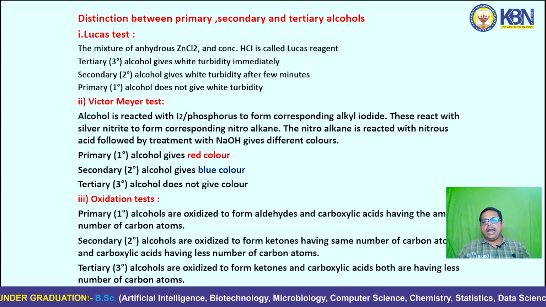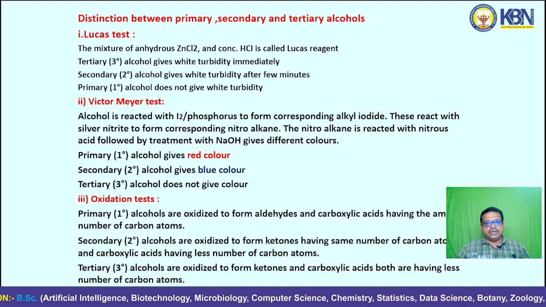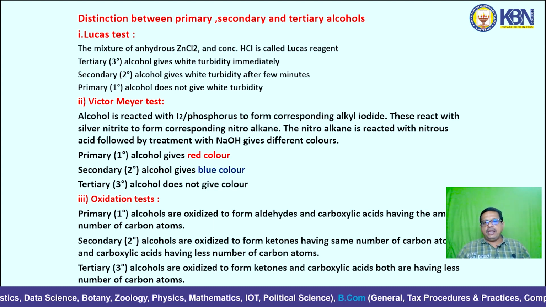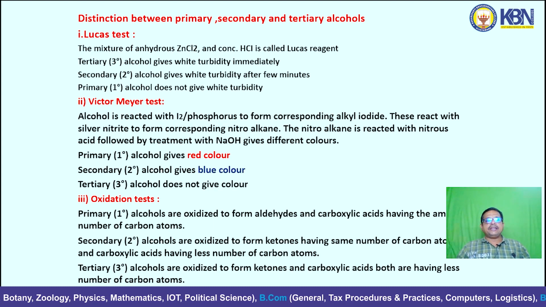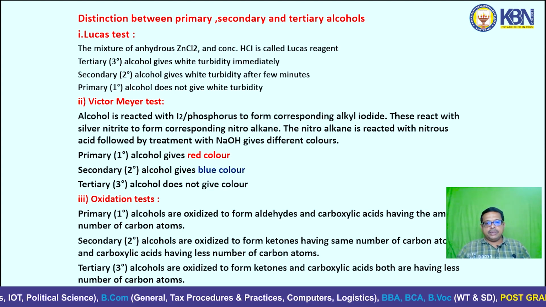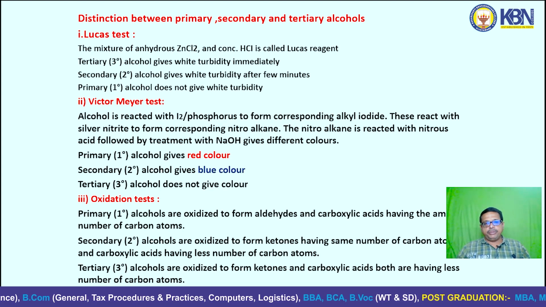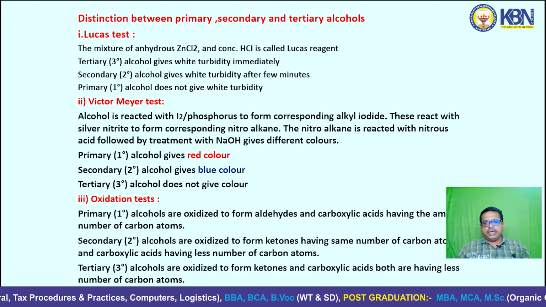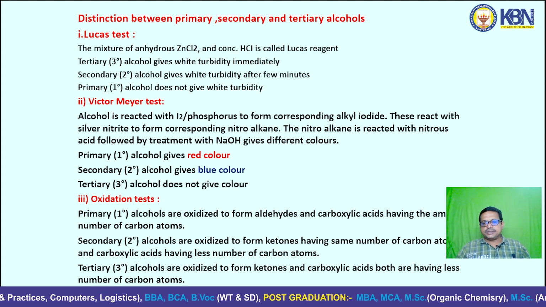These alkyl iodides react with silver nitrite to form corresponding nitroalkanes. The nitroalkanes are then reacted with nitrous acid followed by treatment with alkali, that means NaOH, giving different colors.